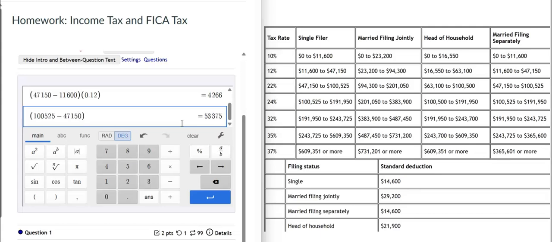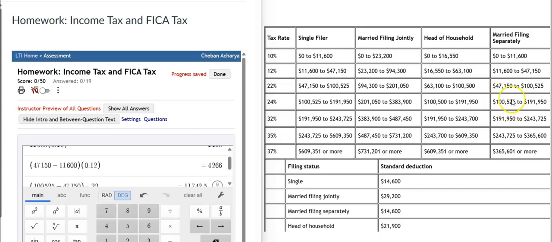You get $53,375. This applies to 22%. So you multiply this by 0.22. You get $11,742.50. That's for 22%.